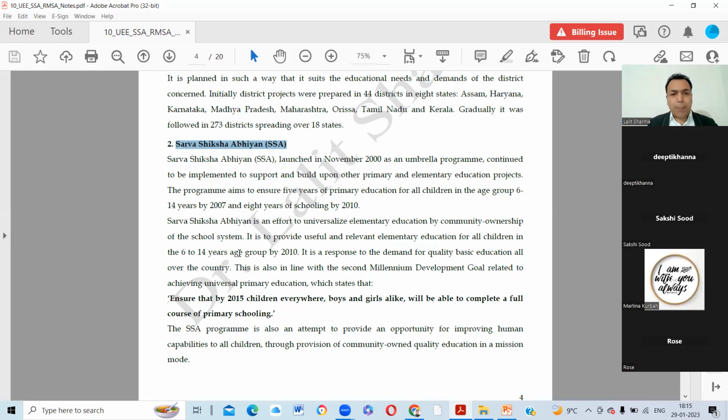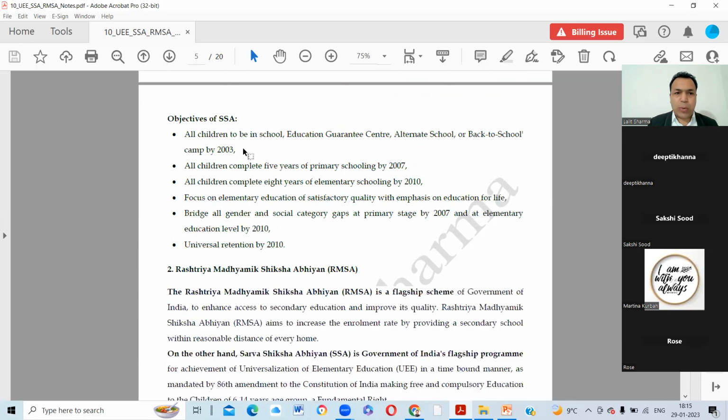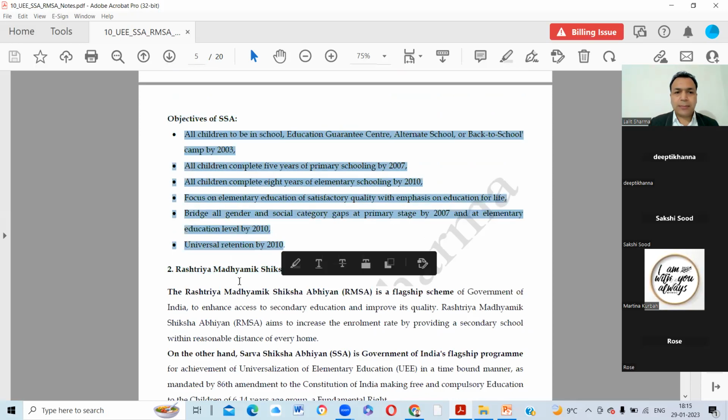And the purpose of the Sarva Shiksha program is also to achieve the aim of elementary education. You can see the objective of the SSA program is that all children be in school, education guarantee centers, alternate schools, or back-to-school camps by 2003.